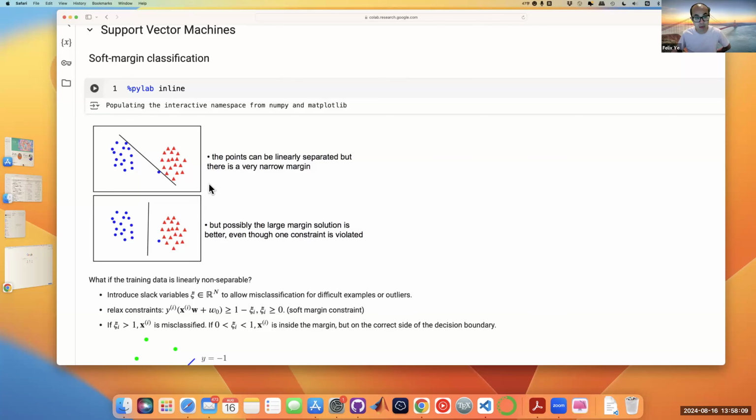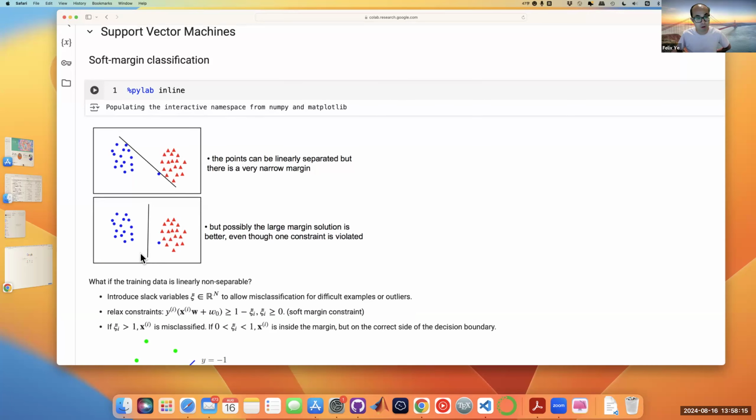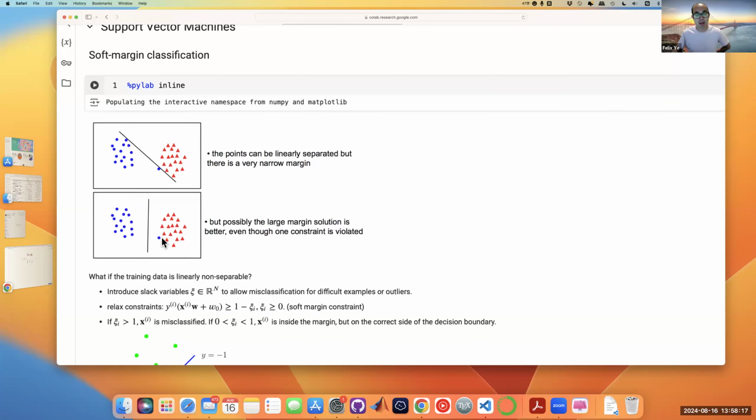I would rather have a large margin solution, even with one point being misclassified. So that means I can allow certain errors, but I still want to keep as large a margin as possible. So this is the goal for soft margin classification.